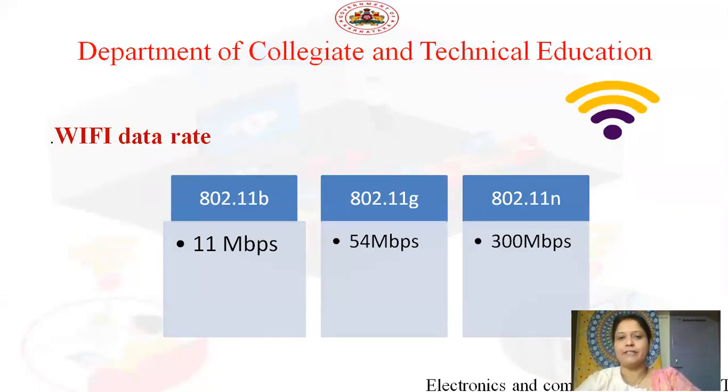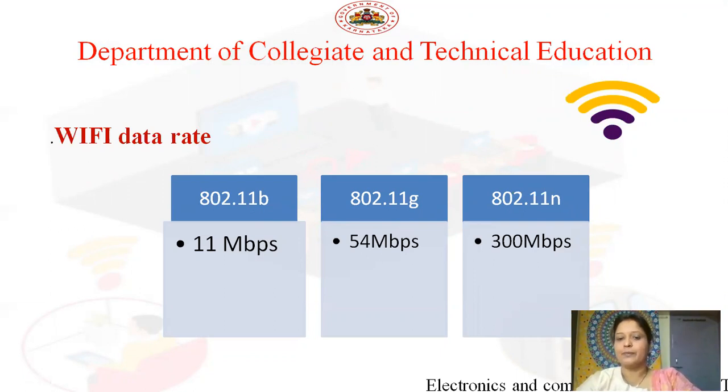Now, coming to the Wi-Fi data rate, the technology Wi-Fi uses is 802.11, and here some notations are given: 802.11b, g, and n. Different names are given depending on the speeds. 802.11b is for 11 Mbps, 802.11g is for 54 Mbps, and 802.11n is for a 300 Mbps data rate.